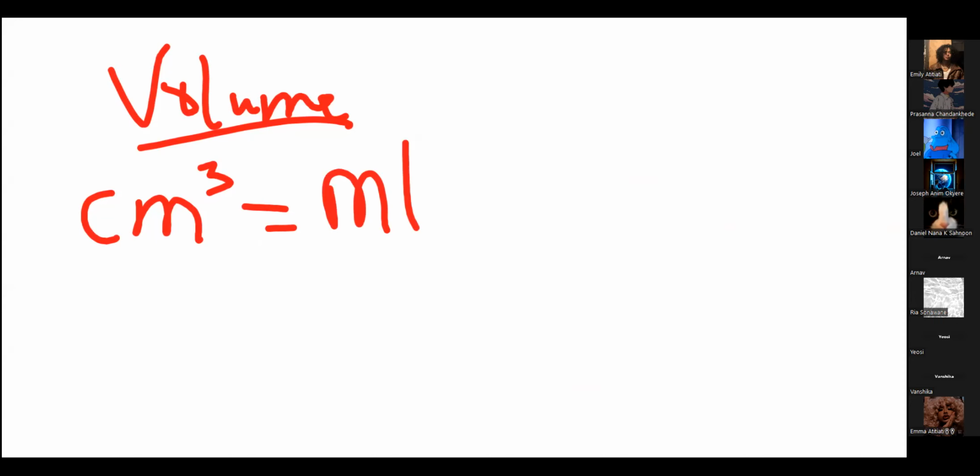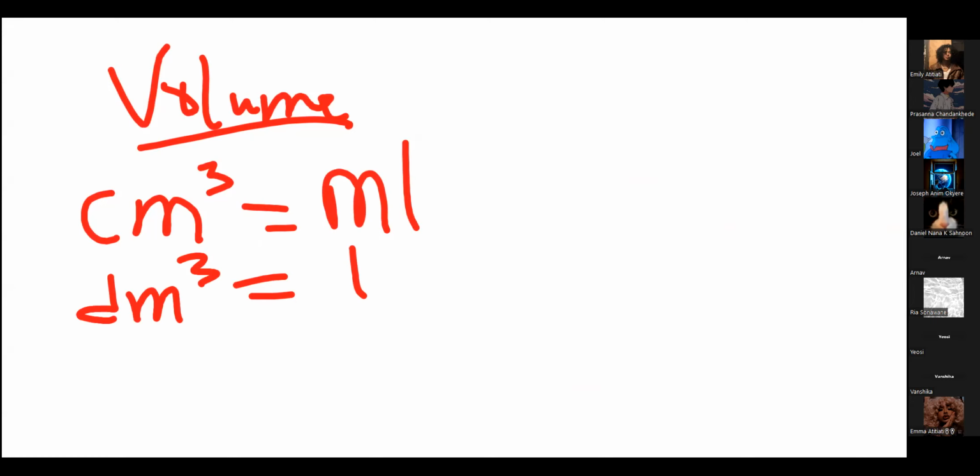Or volume can be measured in dm cube. Dm cube is liter. Sometimes you can go and flex more. Mommy will say, go and buy me Coca-Cola 2 liters. Okay, mommy, do you mean 2 dm cube? She's confused. 2 liters is the same as 2 dm cube. It's the same thing.